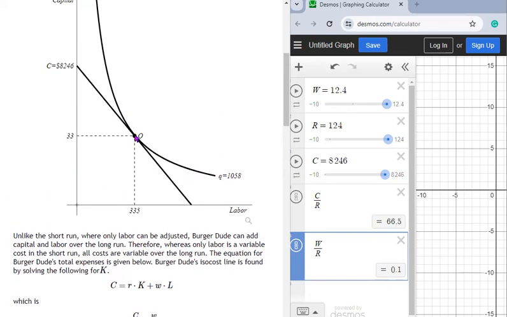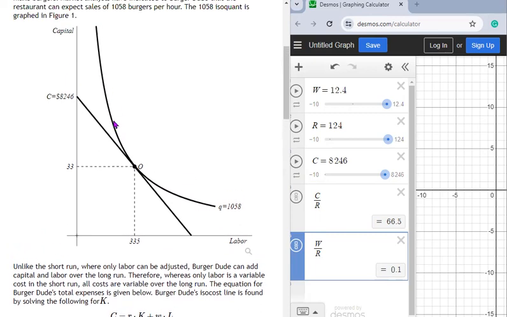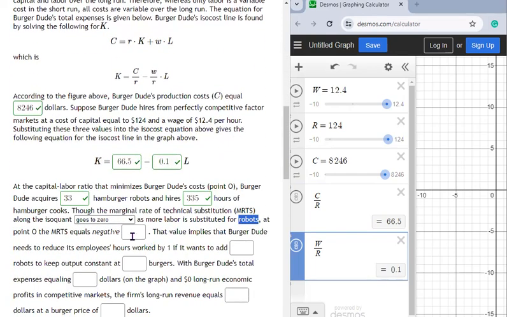If we substitute robots for labor, the slope of this curve, called the marginal rate of technical substitution, gets increasingly negative. But as we substitute human labor for robot labor, the slope gets closer and closer to zero, right?